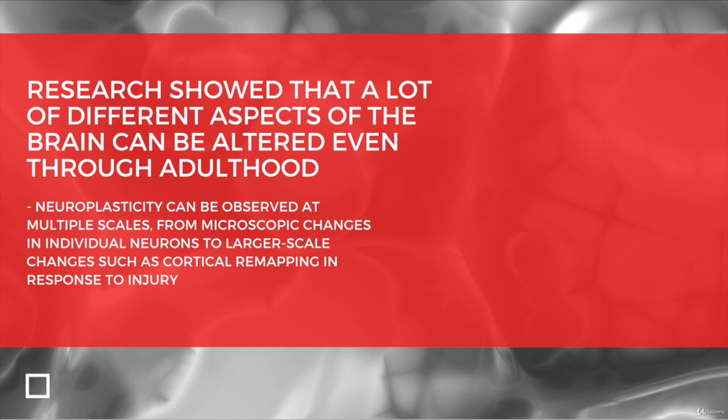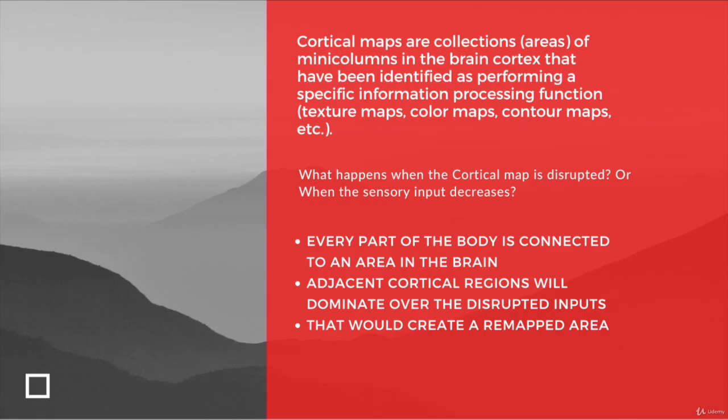So different people have different experiences with their brain's plasticity based on, of course, their age, their genes, and their experiences. Now, previously, we mentioned the concept of cortical maps. Cortical maps are areas of many columns in the brain cortex, and they have been identified as performing a specific information processing function.